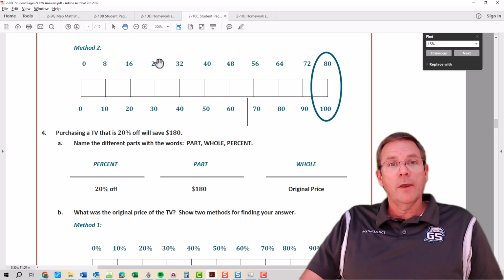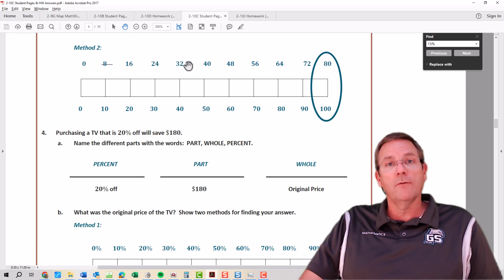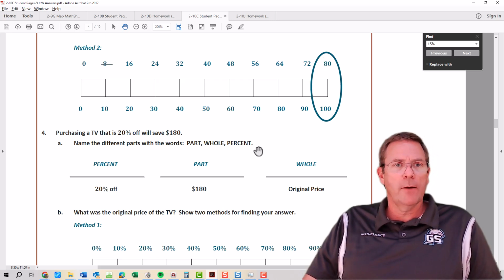And then from there, they would have had to take the 24, divide it by 3 to find out that you'd have 8, 16, 24, and so on, because 1/3 of 24 is 8. 8 plus 8 is 16. 8 plus 16 is 24, and so on. And that is the way they filled in the top part of the double number line until they got up to 100% being $80. So two different ways that you can solve that one.